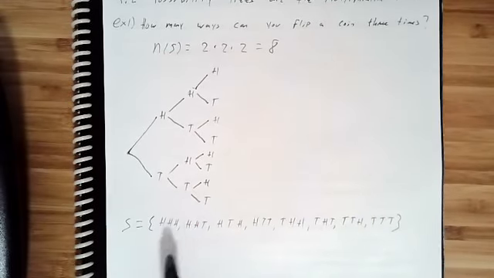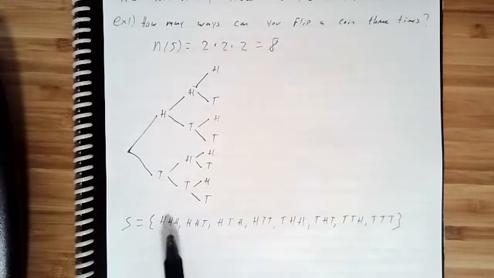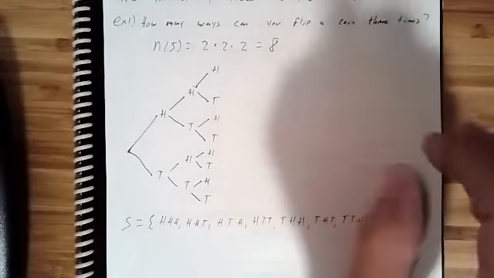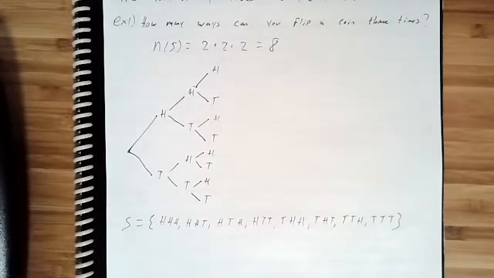You can also draw them out and figure out how many or what they are exactly. And you can do that with anything that has multiple outcomes. But the more times you flip, the more trials you have, these trees start to branch out pretty quick.